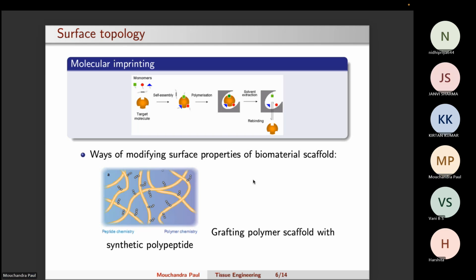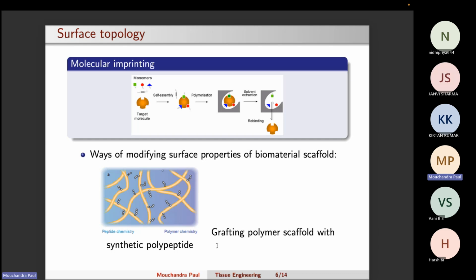Okay, so there are various other ways apart from molecular imprinting, which will help you to change the surface properties. Okay, so one way is grafting your polymer with a synthetic polypeptide. This is being done for those kind of polymers where cells do not adhere, because those polymers lack the sites through which they will target the integrins.